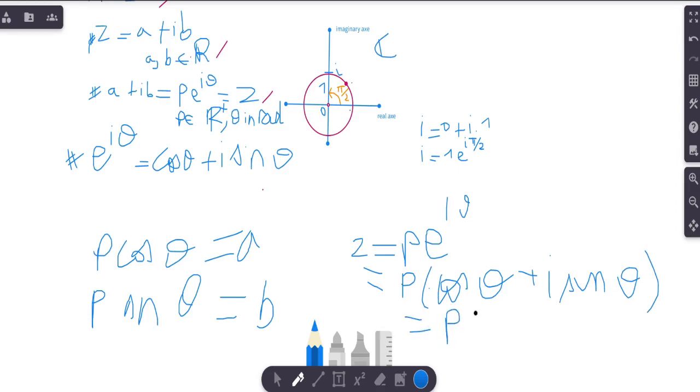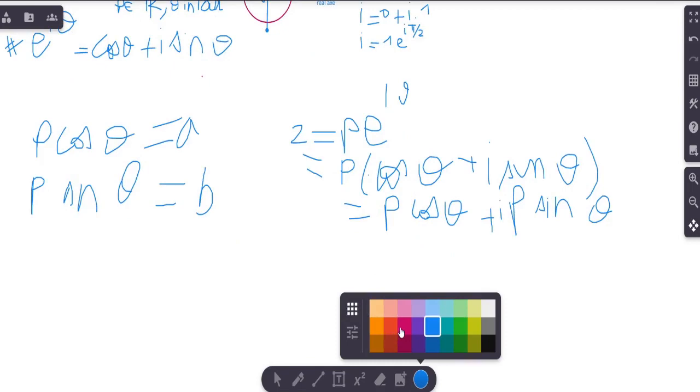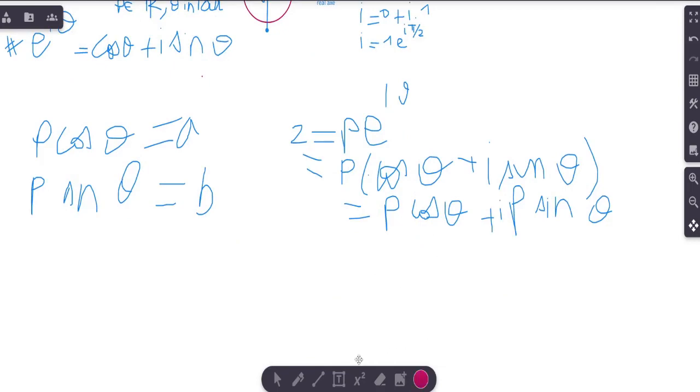We have rho cos theta plus i rho sin theta. And we can identify the imaginary part and the real part. So the real part is here, this is a, and the imaginary part is here, this is b.